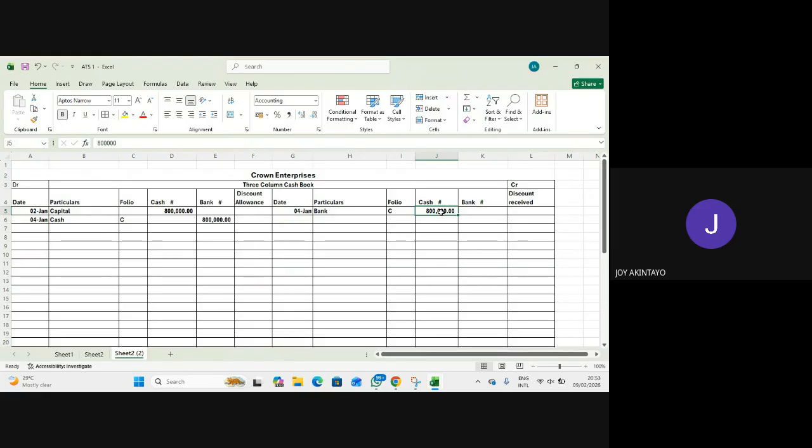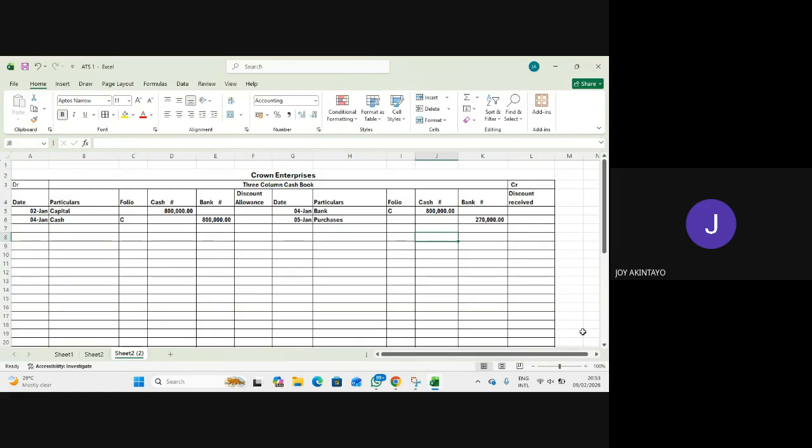Okay. So now you come to the credit side, you say 5-1 purchases. It will be under which side? Under the bank. How much? 270,000 naira. Do you understand?